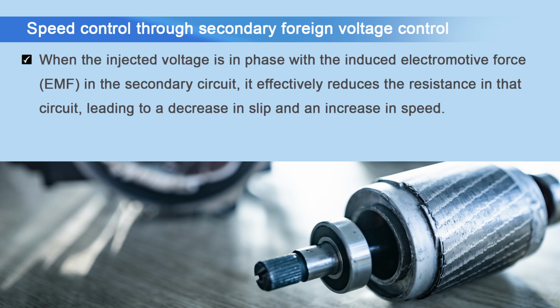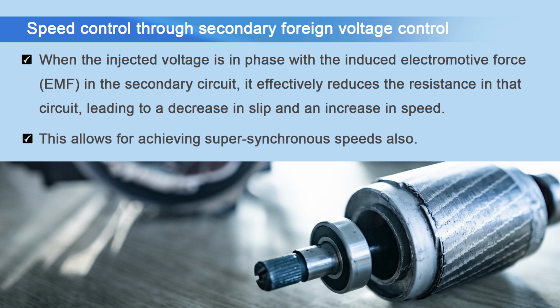When the injected voltage is in phase with the induced EMF in the secondary circuit, the rotor circuit, it effectively reduces the resistance in that circuit, leading to a decrease in the slip and an increase in the speed.